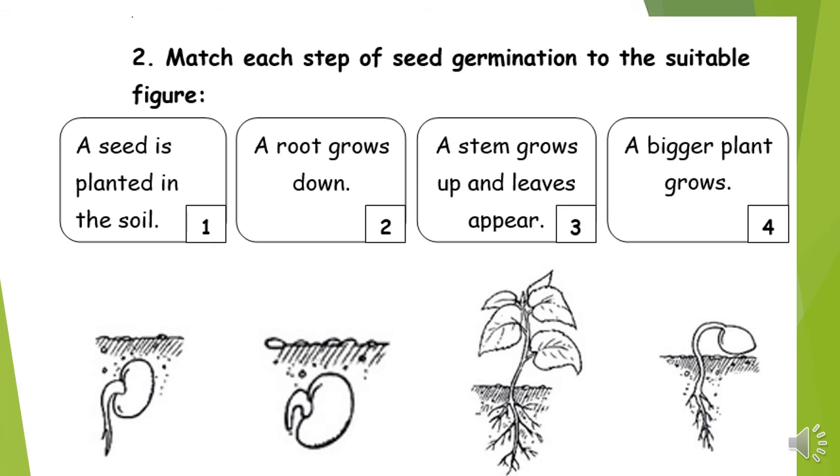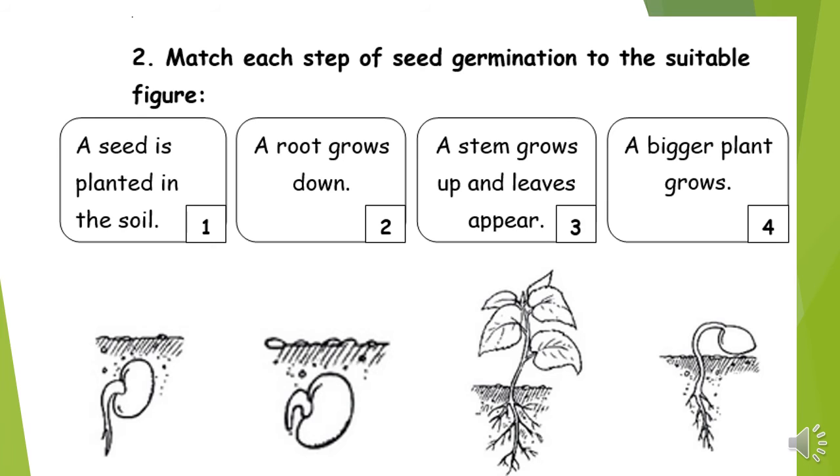Now let us try to describe the pictures which are found down. The first one, I can see a seed under the soil and a part of the root grows downward. The next picture, I can see a seed which is found under the soil.